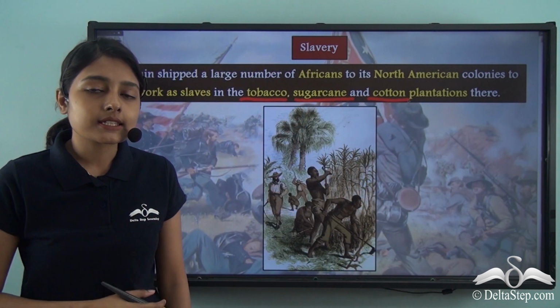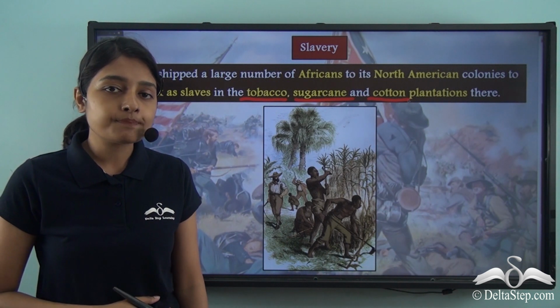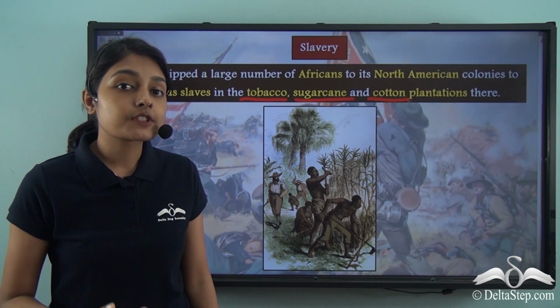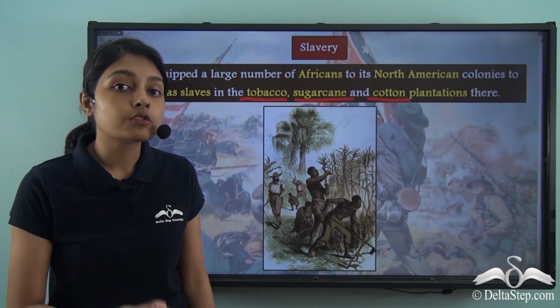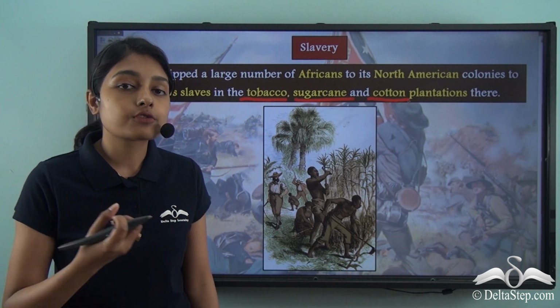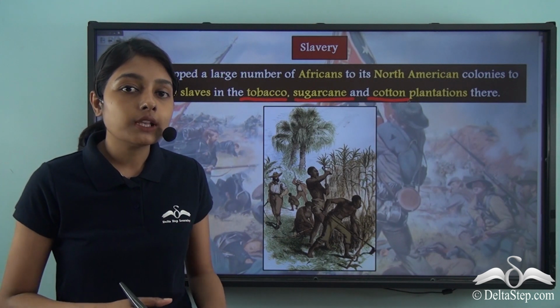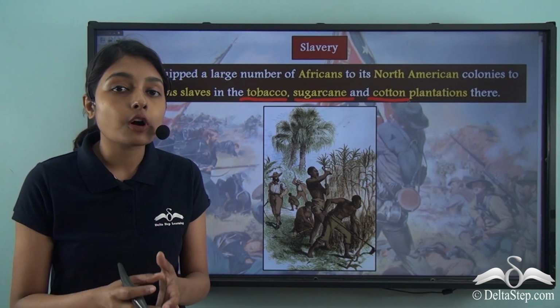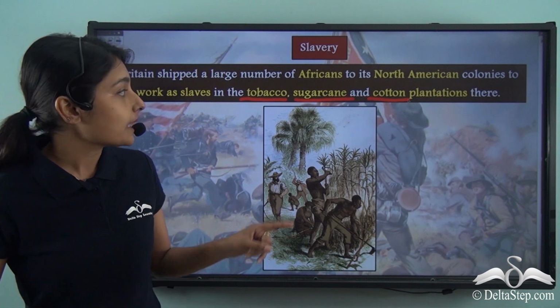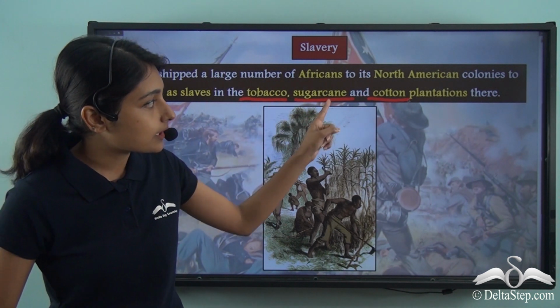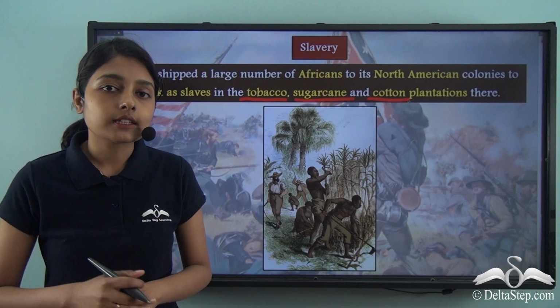When Britain set up its colonies in North America, it saw that the land was fertile enough to provide it raw materials and resources, which is why the British colonial rule encouraged the setup of new plantations of tobacco, sugarcane and cotton in the southern colonies.